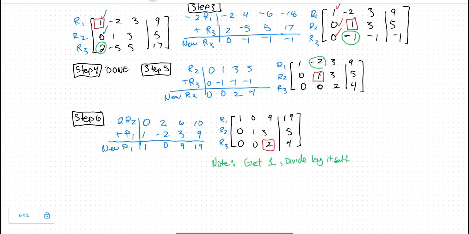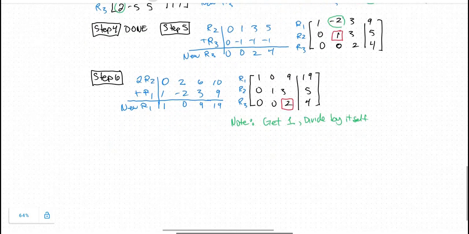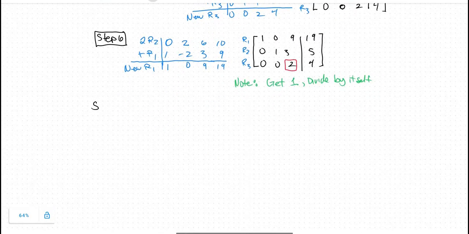All right, so that's going to be step number 7. Well, let's make more space. Step number 7 is over here. And we said it was going to be divided by itself. So row 3 divided by 2. That'll give you your new row number 3.